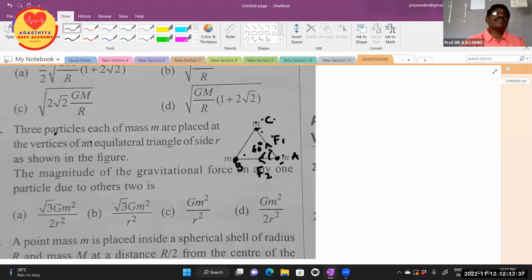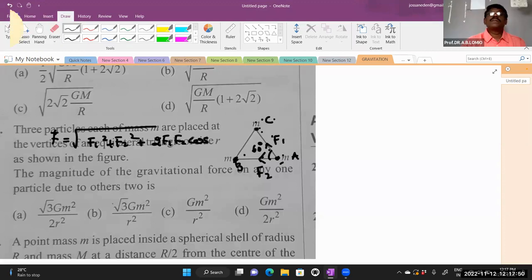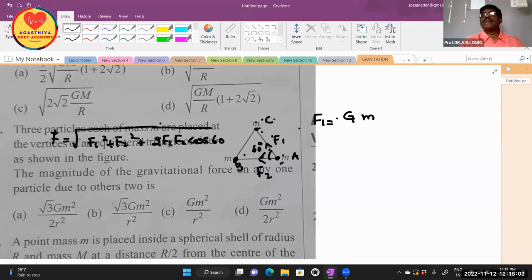Now, how to find the resultant force? Root of F1 squared plus F2 squared plus 2 F1 F2 cos theta, cos 60. That's all. Now, find the F1 value. Use the formula G, first mass M placed at A, second mass M placed at C. What is the distance?